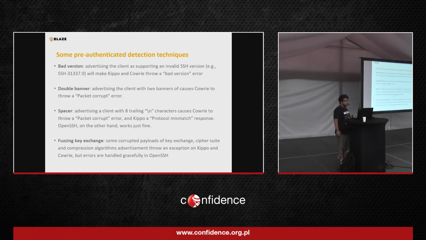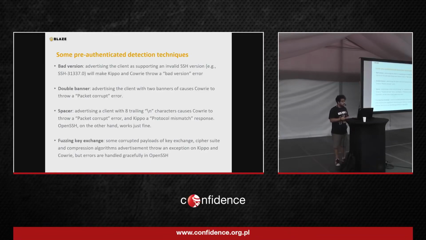In Cowrie and Kippo, whenever it sees an SSH version that's not either 1.99 or 2.0, which are the only SSH versions that are actually standardized, Kippo will throw this bad version error, whereas OpenSSH will throw something else, I think protocol mismatch or protocol major differences. It definitely throws a very different error, so you can tell that thing is not OpenSSH as it claims to be.